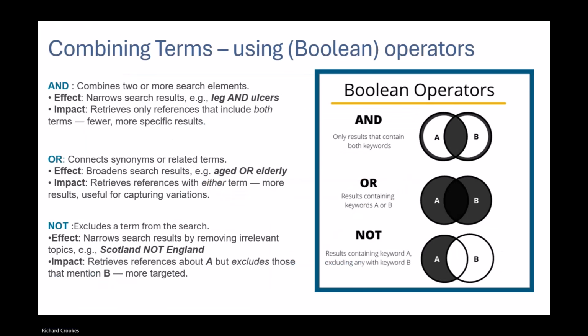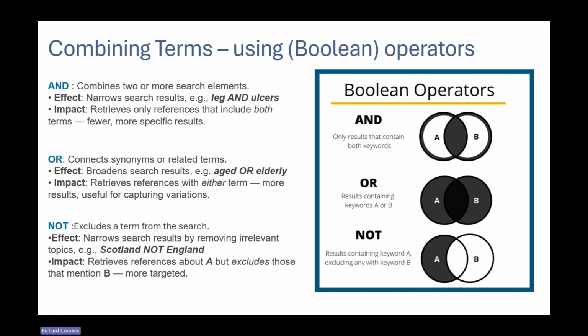So it brings you on to the use of operators known as Boolean operators and the way in which you combine your searches. So I already mentioned in the AI assisted search, a Boolean query, a refined query is displayed, and that combines terms using and, or, etc. So and will combine two or more search elements. So the effect of that is that it narrows your search results. So if you had leg ulcers, it will be leg and ulcers.